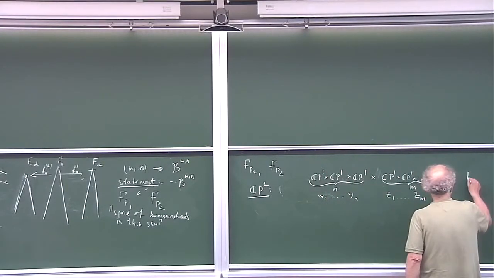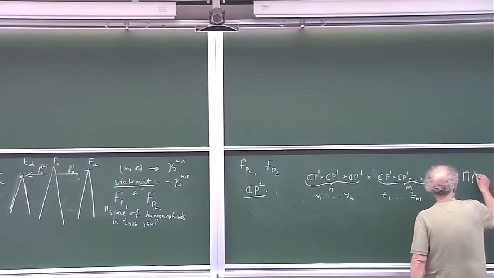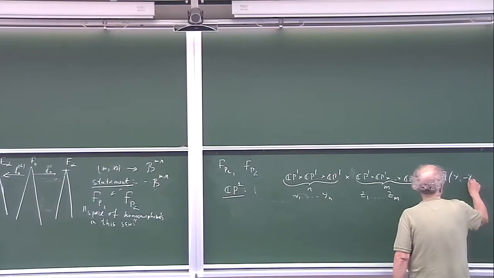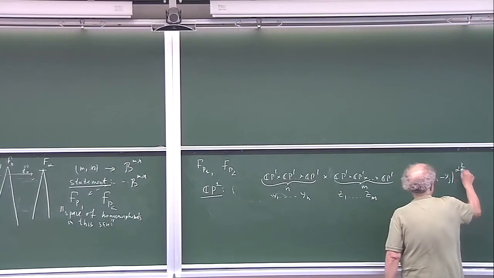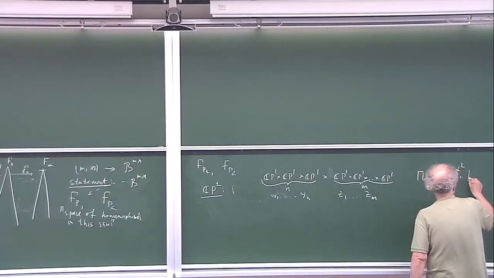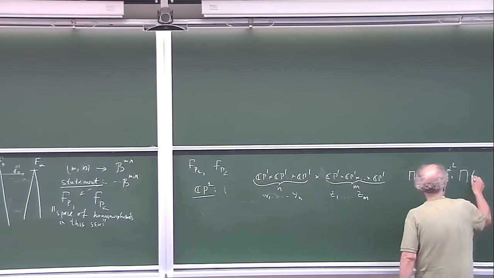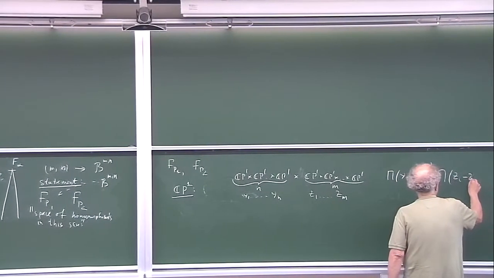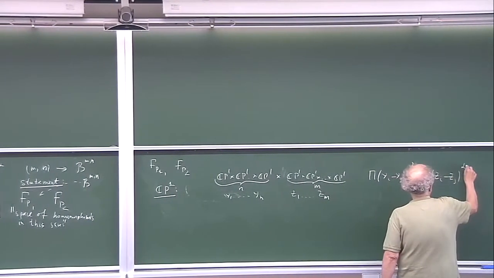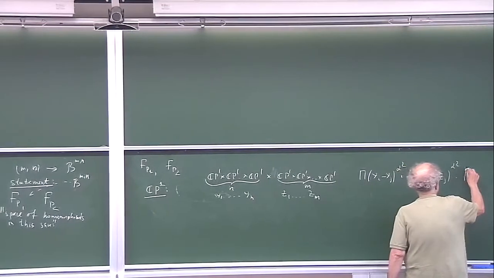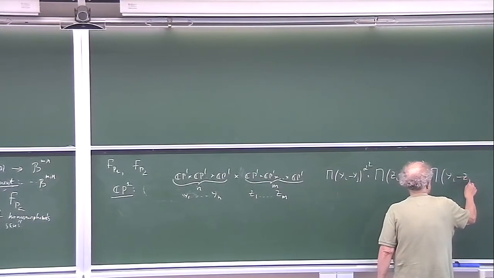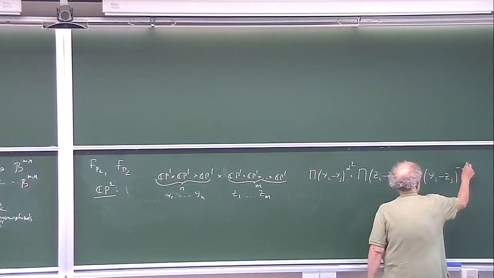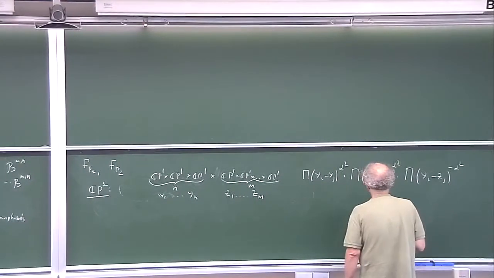It will be the product of yi minus yj to the power alpha square, times the product of zi minus zj to the power alpha square, times the product of yi minus zj to the power minus alpha square.